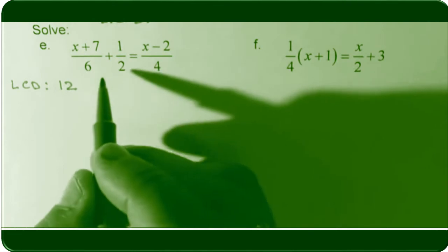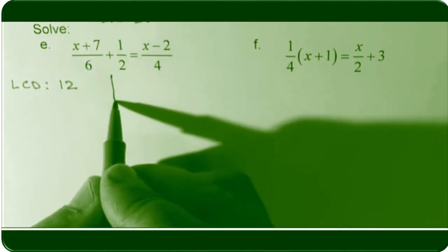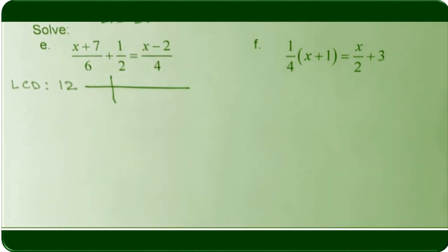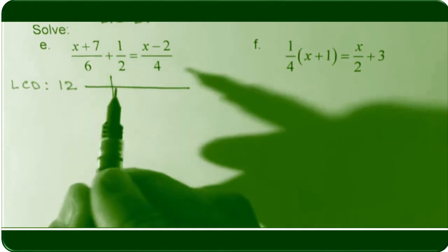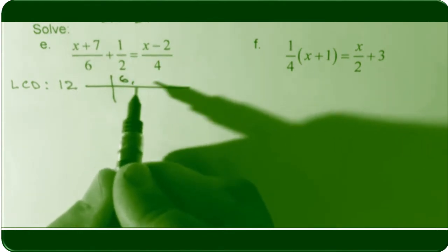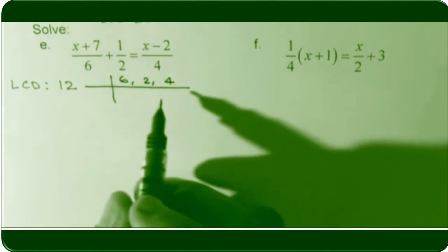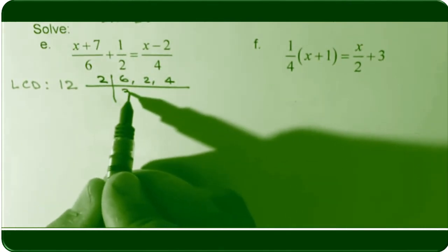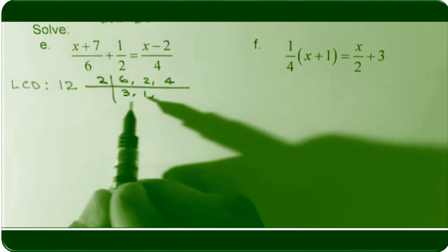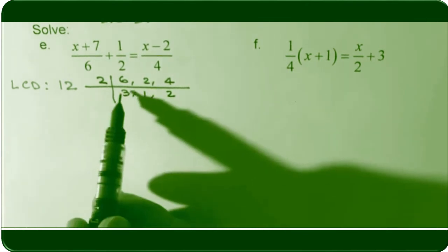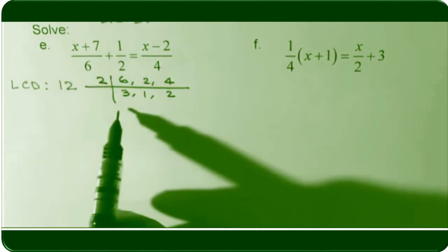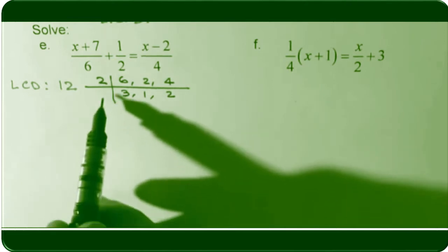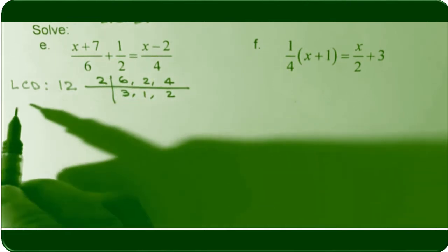Now, how do we figure this out? To find this, we have the ladder division method. You write all these numbers: 6, 2, and 4. Take a common factor, 2 in this case, and we get 3, 1, and 2. So 2 goes 3 times in 6, 1 time in 2, 2 times in 4.